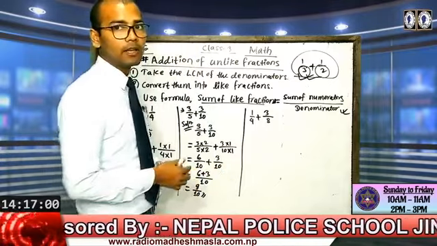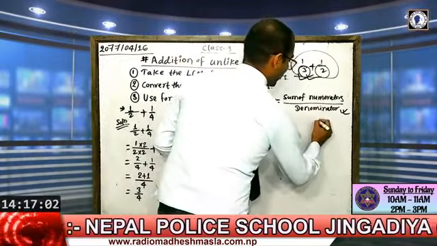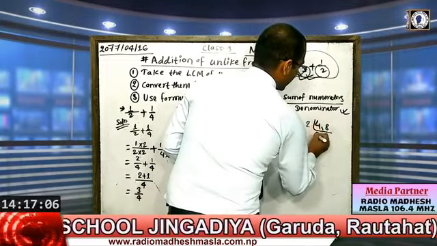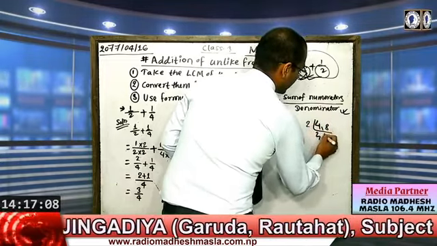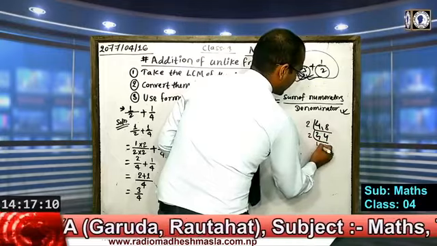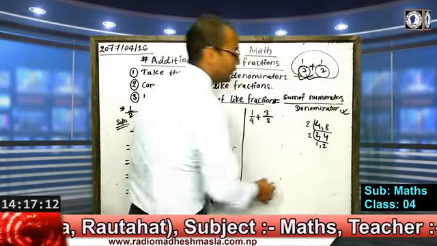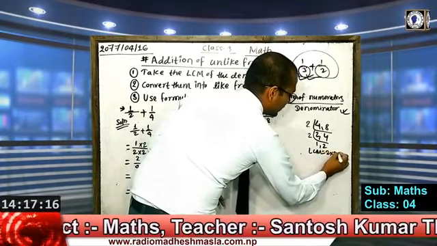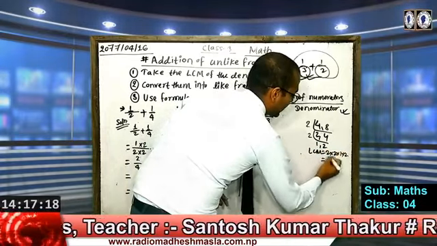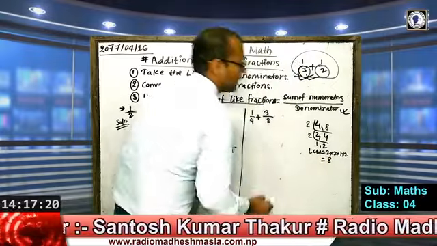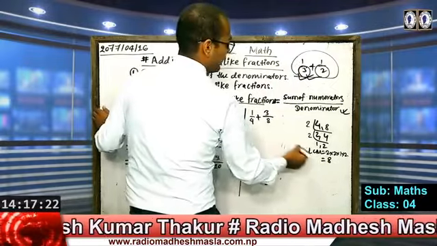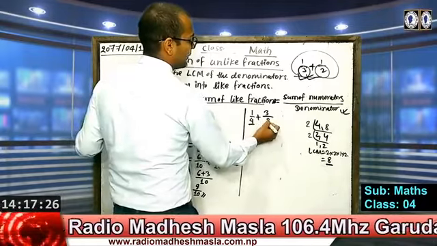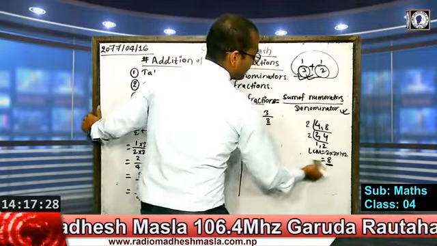Then after taking the LCM we will get here 2 4s are 8, then 2 1s are 2, 2 2s are 4. LCM is equal to 2 into 2 into 1 into 2, and at last we will get 8. So here our LCM is 8. So we should make our denominators equal to our LCM, which is 8 here.